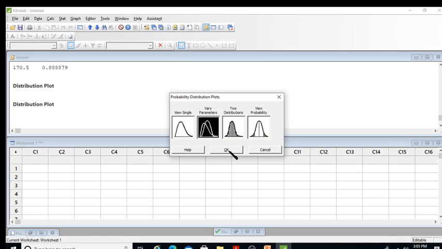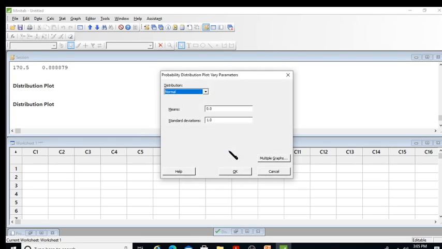Let's say you want to vary parameters, you can do that. Say 162.2 is the mean and 6.8 is my standard deviation.